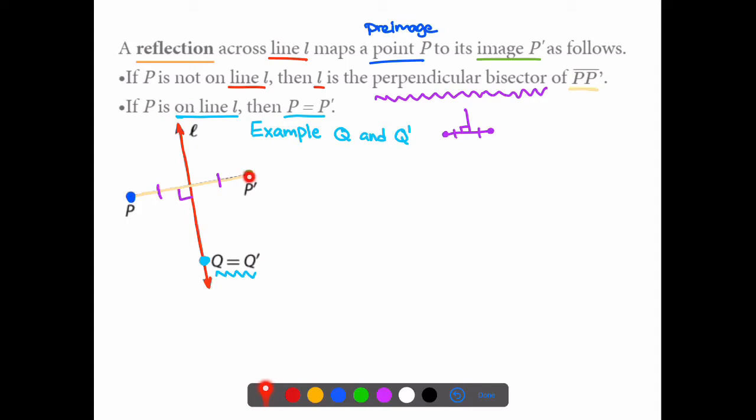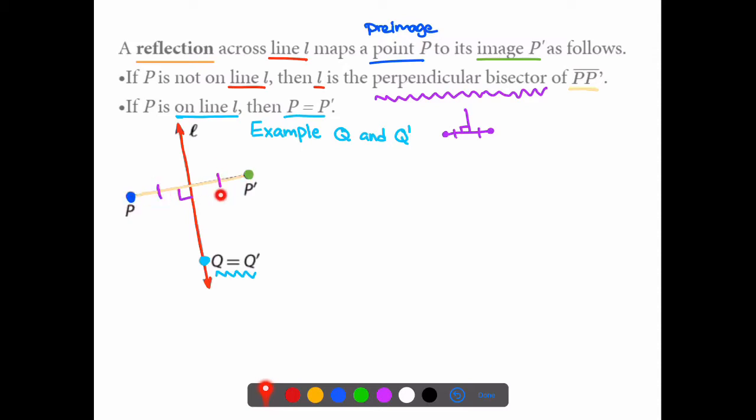So if P is not on line L, and we can see that right here, P is not on line L, then L is the perpendicular bisector of segment P P prime. So if I have this line segment from P to P prime here, line L, my line of reflection, is always going to be the perpendicular bisector, meaning it's perpendicular because it intersects at 90 degrees, and it's the bisector because it cuts P P prime, this line segment, into two equal pieces.